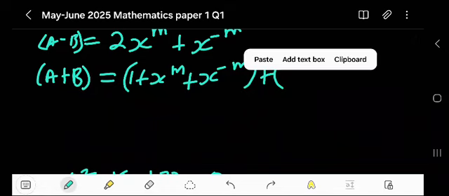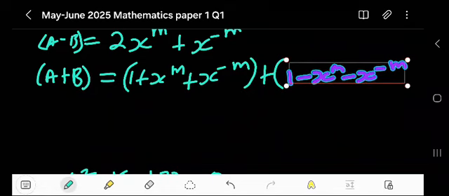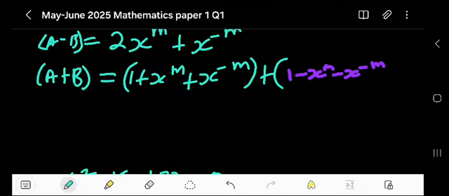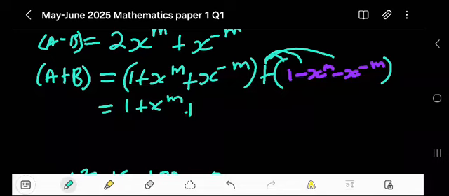Then boom, here it is. Boom, we have this there. How cool is this? But now you know, if you distribute the positive, it will never change anything. They will have 1 plus x to the m there, plus x to the minus m, like that.